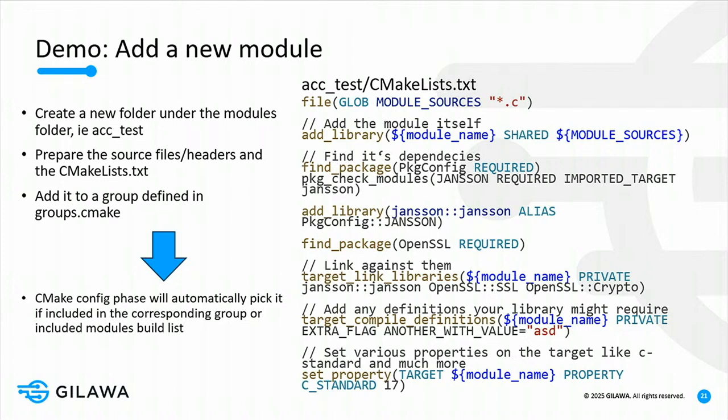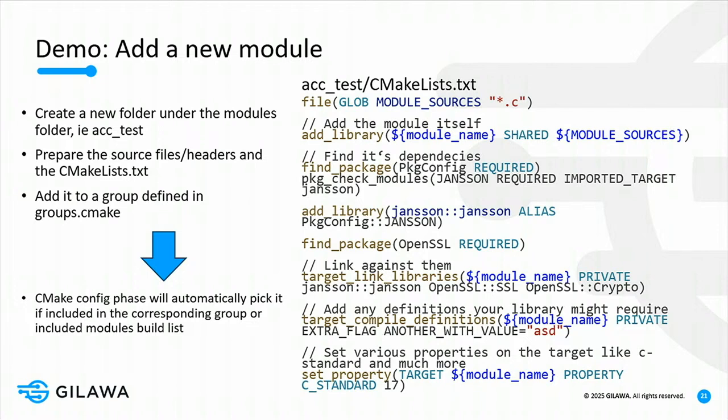Of course, we have to prepare the source files, the headers, and the respective cmake list. We can add it to the group, defining it in groups.cmake for inclusion in some dedicated group if we want. And the next time the cmake config phase runs, it will pick it up automatically and it will build it if it's in the included modules or in the module group name identified.